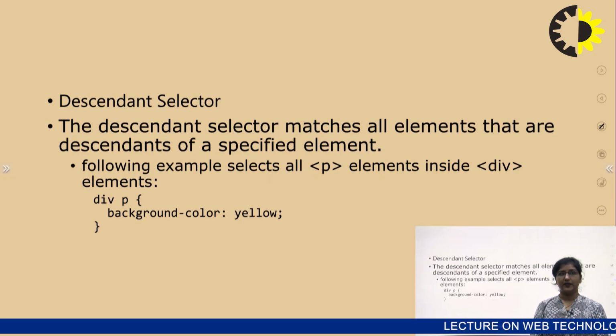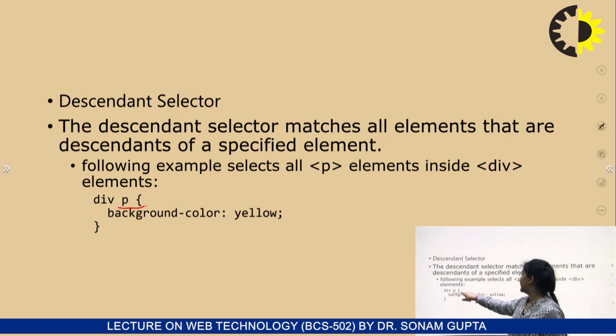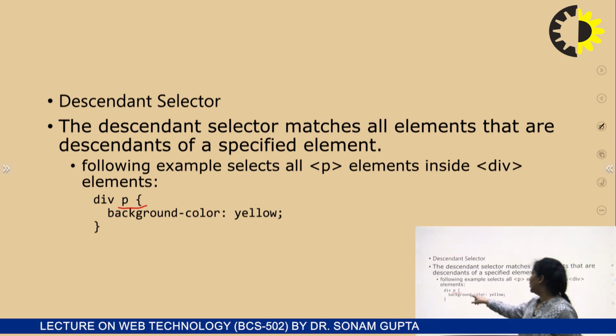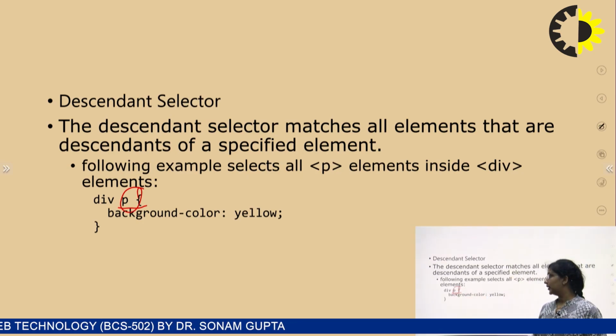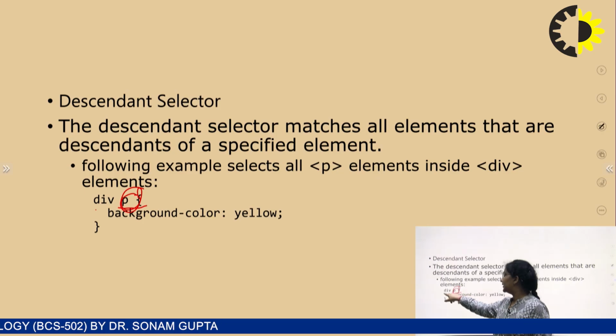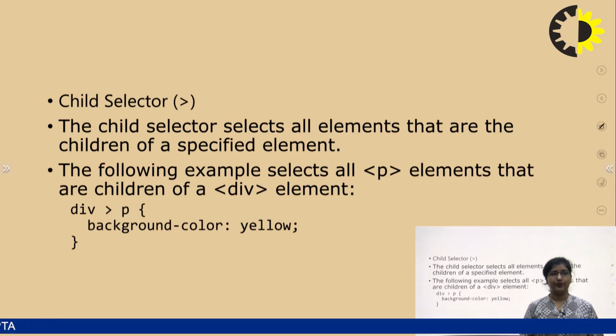Descendant selector matches all the elements which are descendants of a specified element. Like if I write in this example div p, it will select all the p elements which are inside the div, because div p means p is a descendant of this div element, and for all those the background will be yellow.